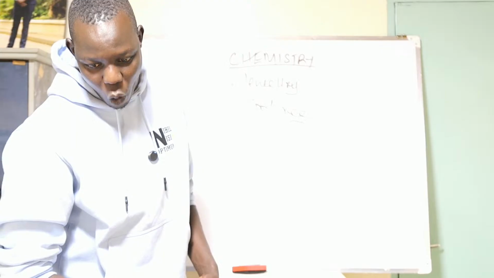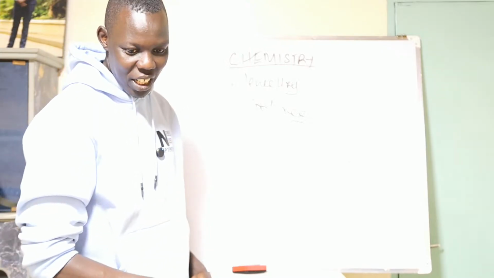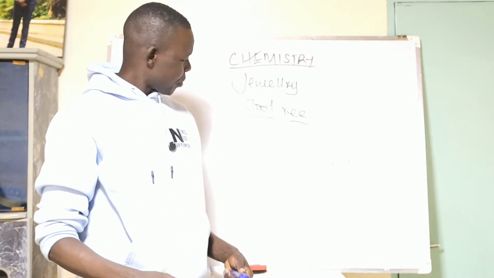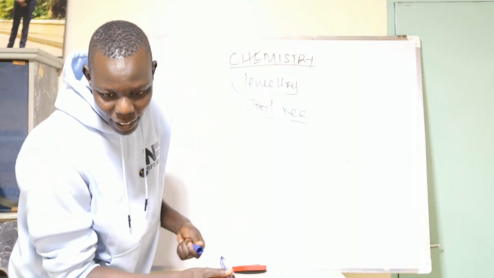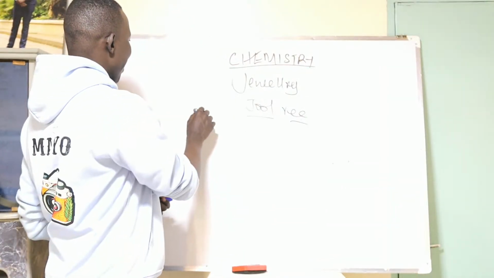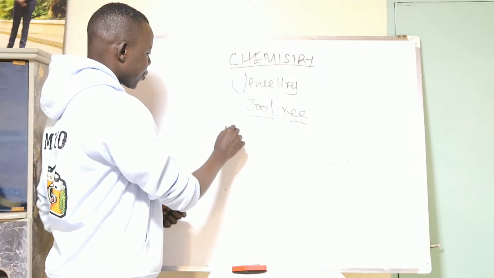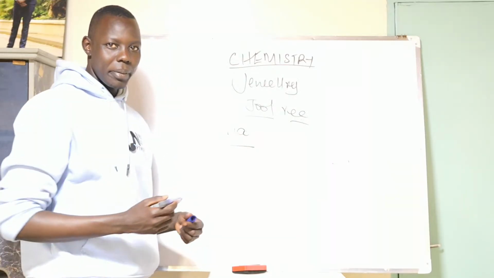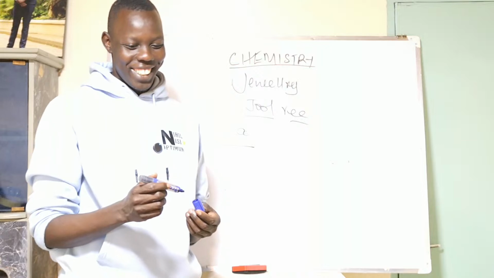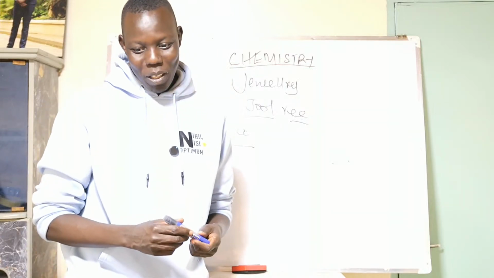Who is your chemistry teacher, Gloria? You say you cannot see the board? Gloria, I have written your name on the board. Can't you see your name? Yes. There's no problem with that. Let's proceed.